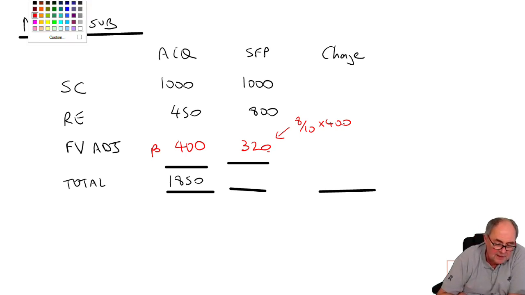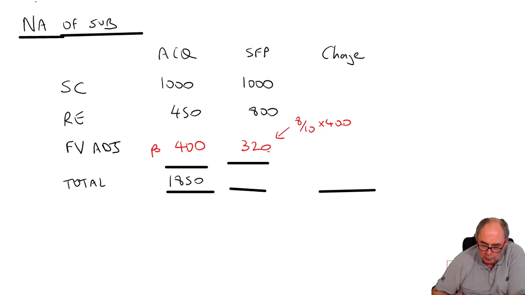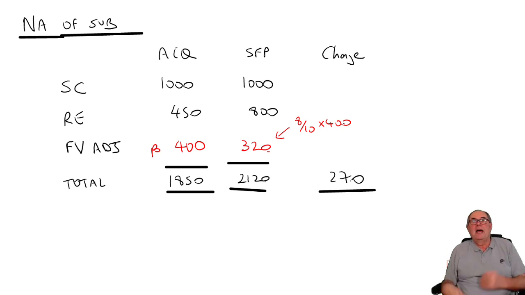Finally, I've now got my grand total, 2120. Since acquisition, post-tax profits are 270. And in a minute, that's a number that's going back upstairs to our answer. So if you think you can work it out in a different way and you're getting to the same answer, it's absolutely fine. Again, at this level, you'll either have it right or wrong.